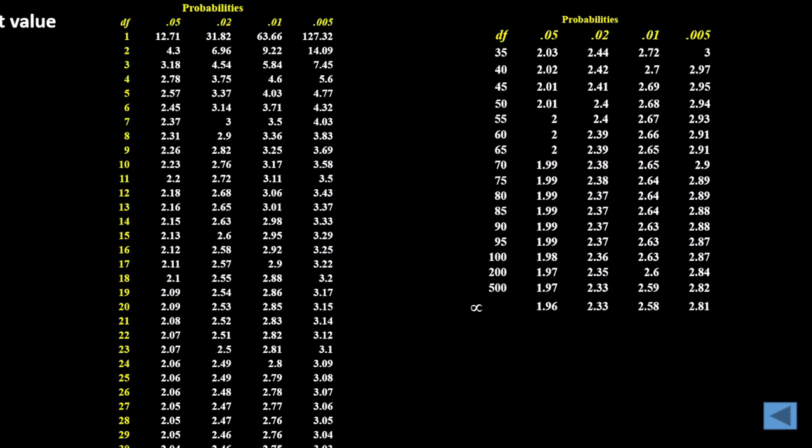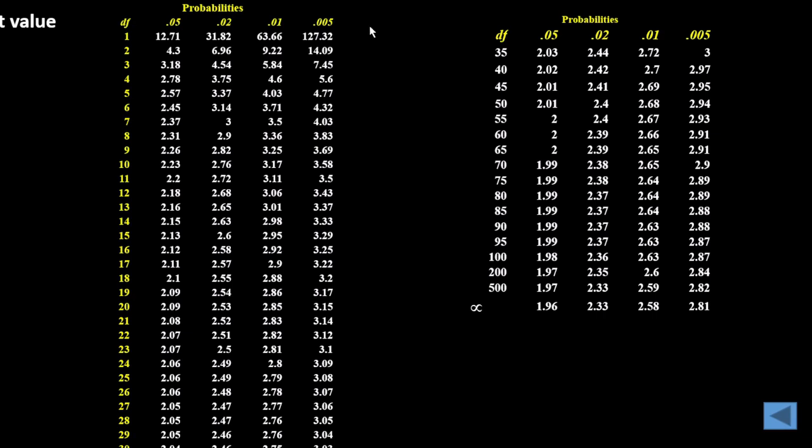Now we have to see in that row under the column of 0.05 level, that value 2.03, and under the column of 0.01, that is 2.72. 2.03 is the required table value for significance of difference between means at 0.05 level, and 2.72 is the required table value for significance of difference between means at 0.01 level.